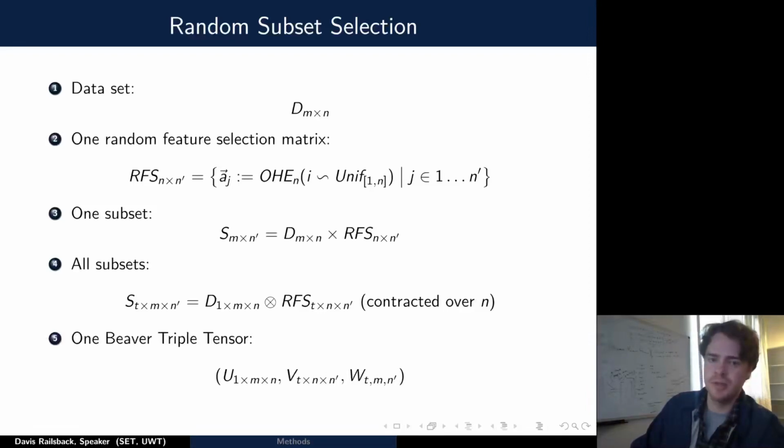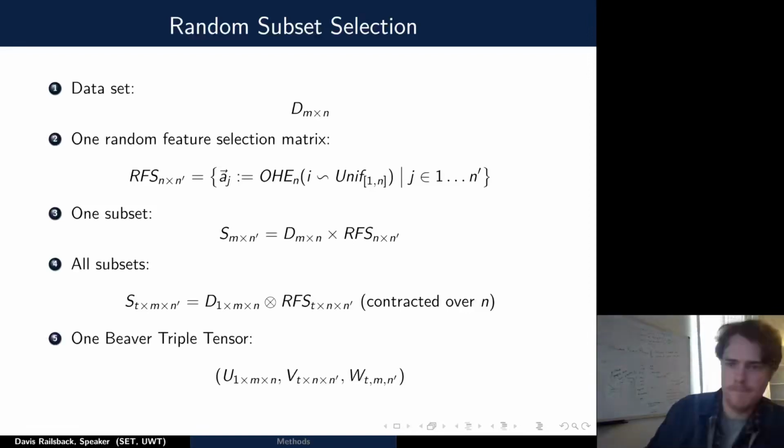However, if we zoom out to compute all of the tree subsets at once, then we can reuse the randomness that was applied to the data set against every random feature selection matrix. So the Beaver triples that are actually required are 1 over t for the u value of what we would expect.